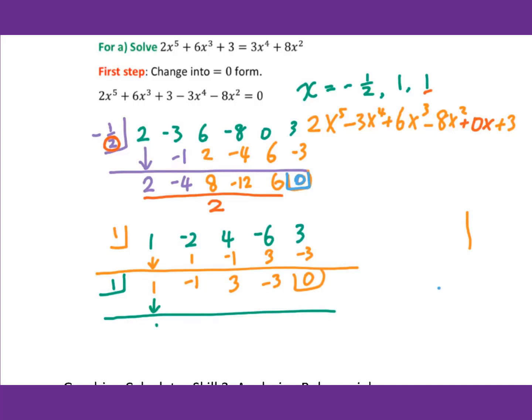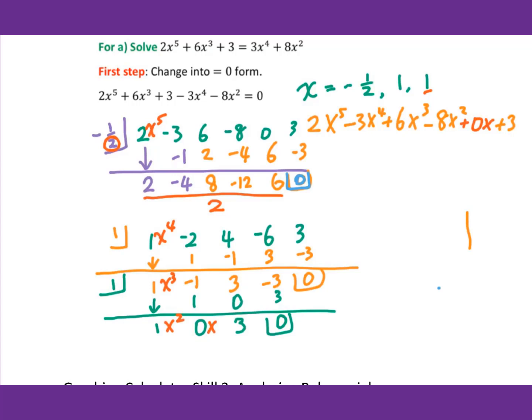We got 1, 1, 0, 0, 3, 3, we got remainder is 0. Therefore, this is x squared plus 3.